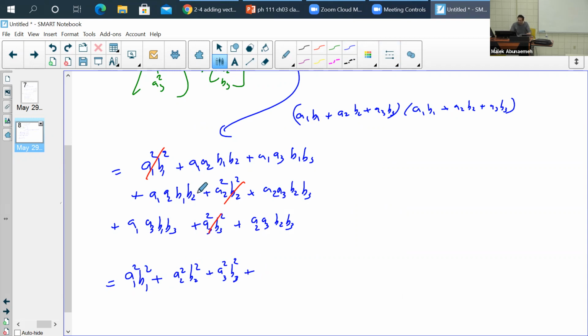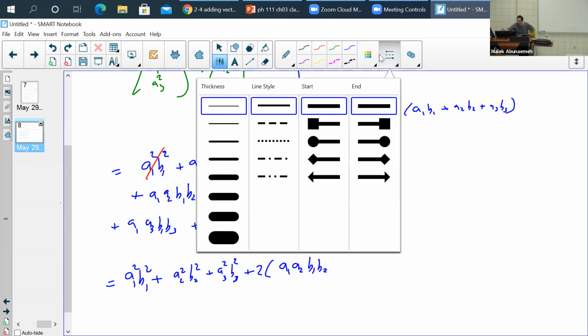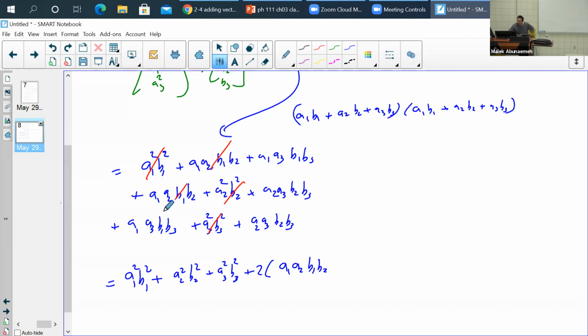You got A1A2B1B2, and you get A1A2B1B2 again. There are two of those, and likewise for the other pairs. So there's two of each, if you notice. So this is going to equal 2 times the first one, A1A2B1B2.